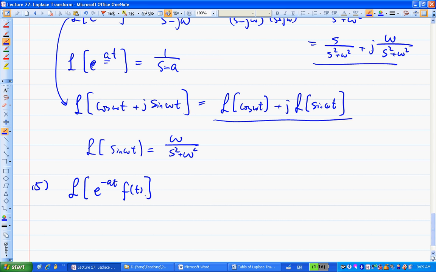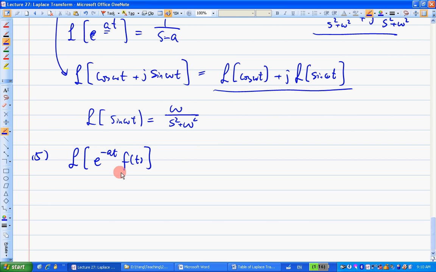You go to the table and find a lucky guess. So this is basically that type of input. For this, there is a property: the transform is equal to capital F of s plus a, where F of s equals the Laplace of f of t.